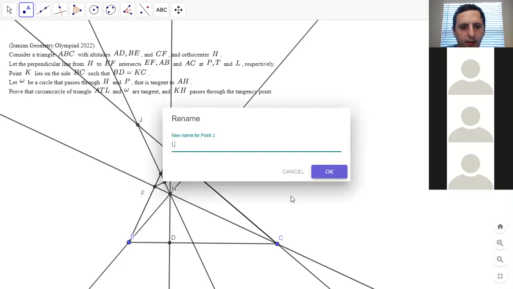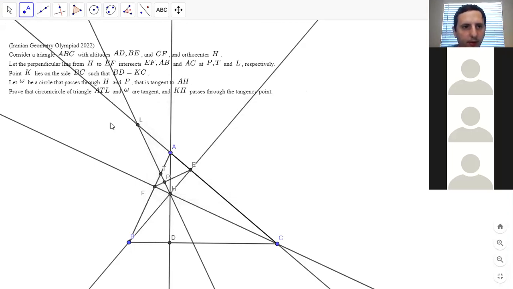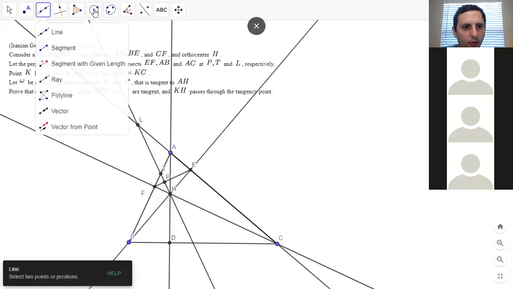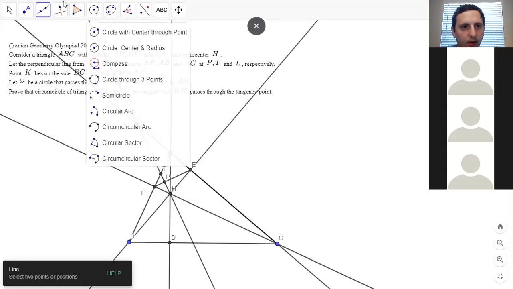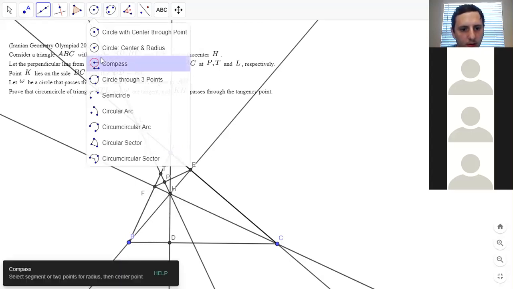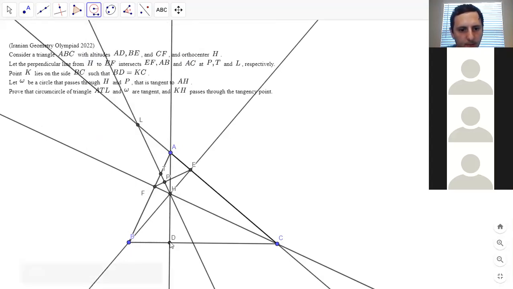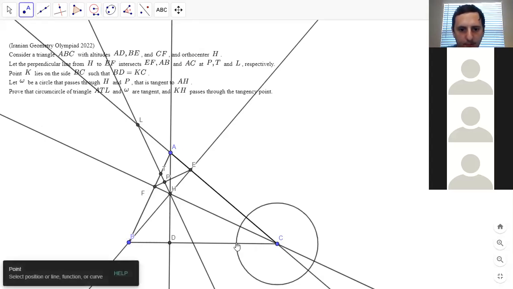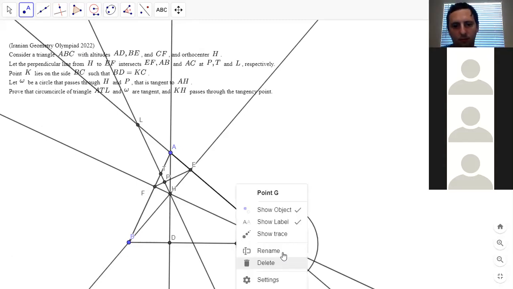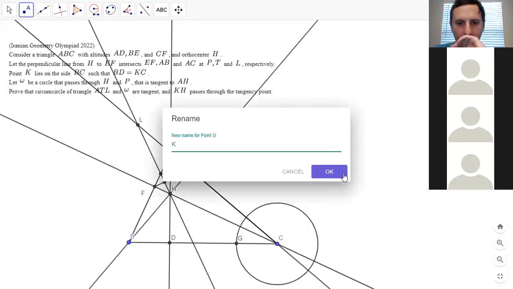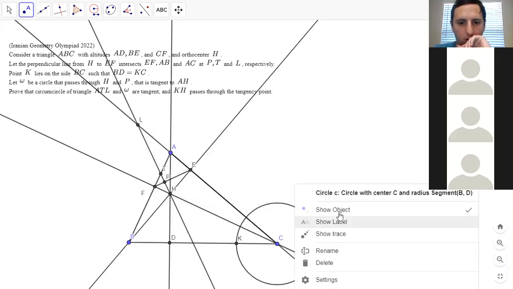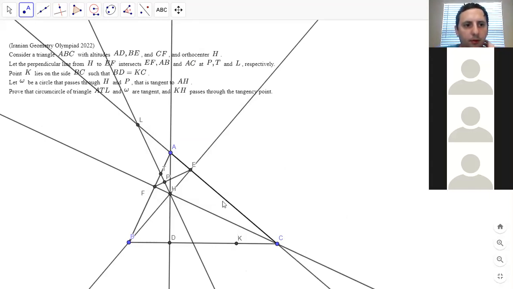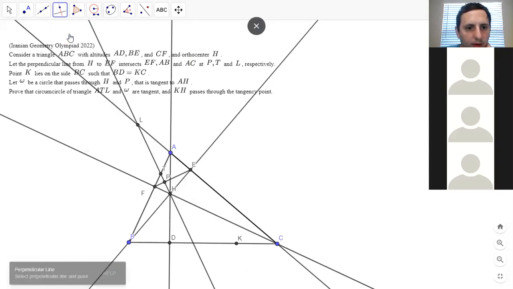And K lies on BC such that BD equals KC. So what I'm going to do, let me see. So this is point K. Then we have a circle that passes through H and P and is tangent to AH. Let's see how I want to draw that.